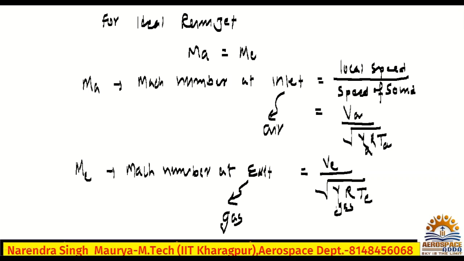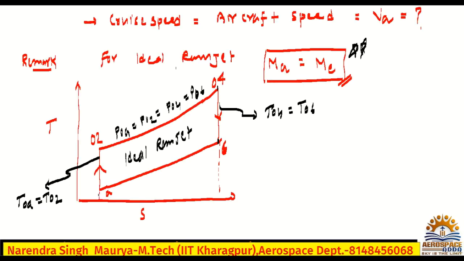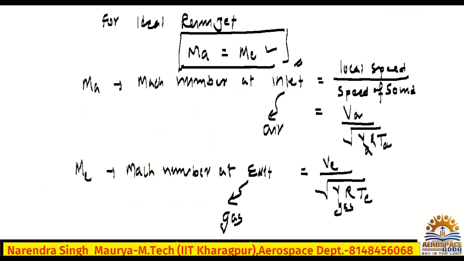All right. So for the ideal ramjet, this will be equal. This is the simple derivation. Here I'm not going to do the derivation, as I told you, because this is the GATE solution session, so no derivation. Now we need to calculate VA, the cruise speed or aircraft speed. So we'll simply take the ratio, or equate this value. What will we get?